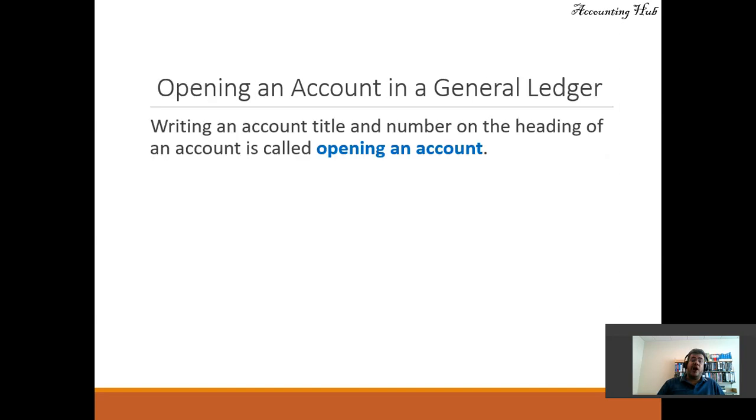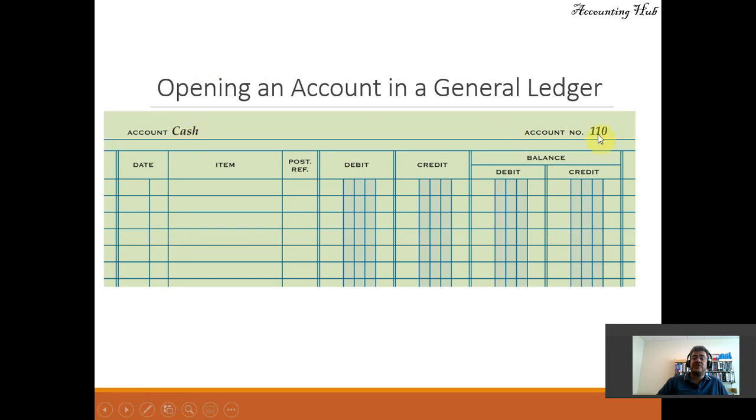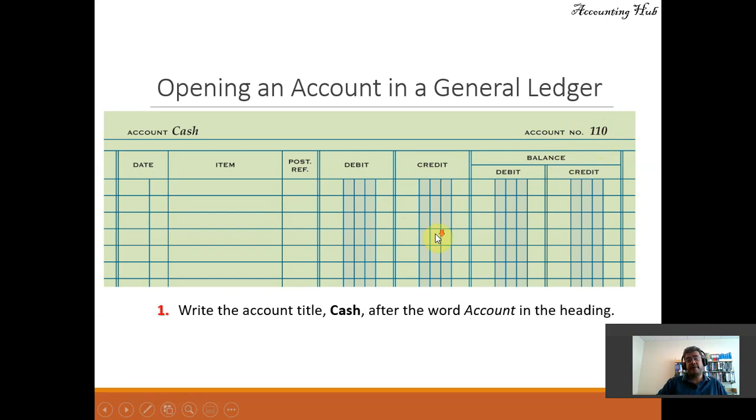And how do we open an account in a general ledger? Writing an account title and number on the heading of an account is called opening an account. For instance here, account cash, account number 110. And then we start typing our info.